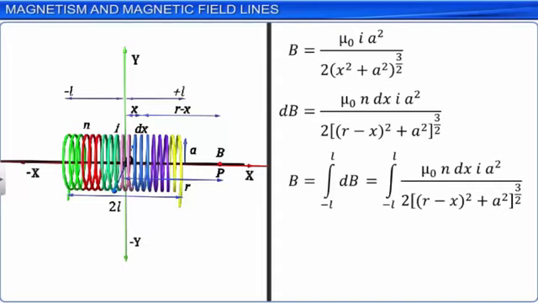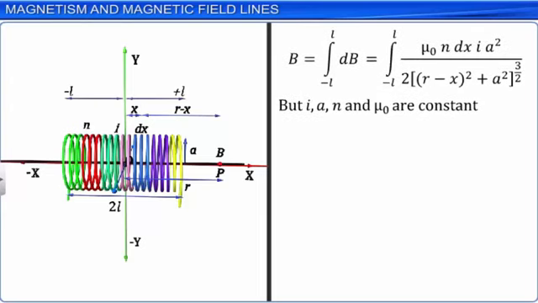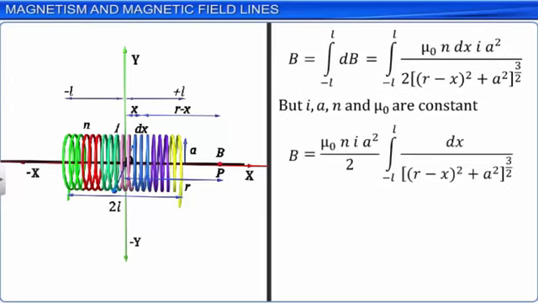But I, a, n and mu naught are constant. Hence, the magnetic induction B is equal to mu naught n I a square by 2 into integral -L to L dx by (R minus x) square plus a square whole power 3 by 2.